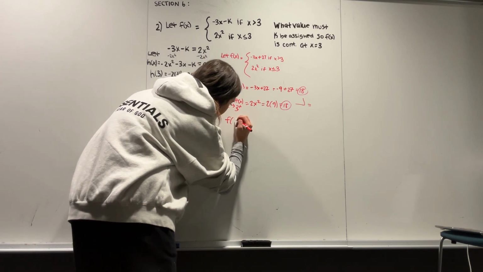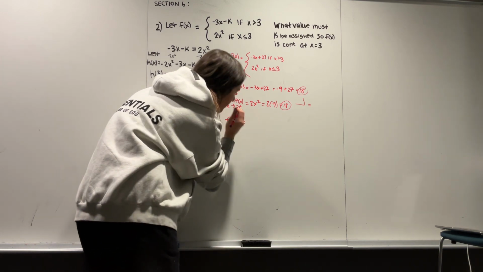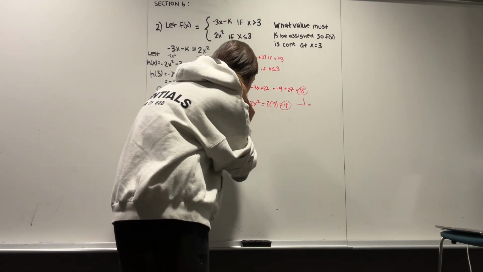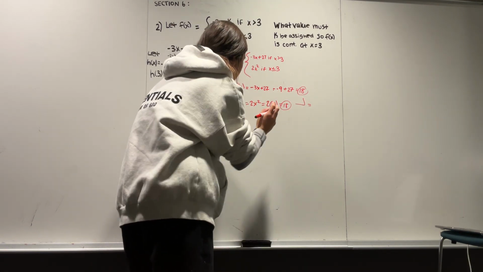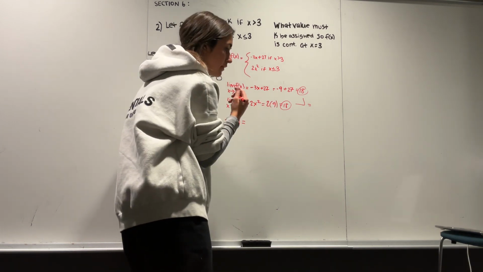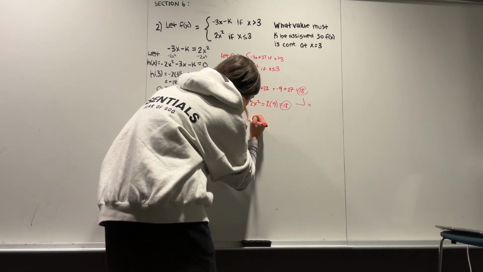So f of 3 is equal to the limit from the left and the right. So we can just put the equation, you can put 18.